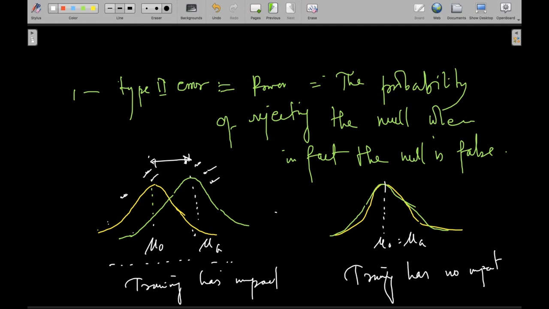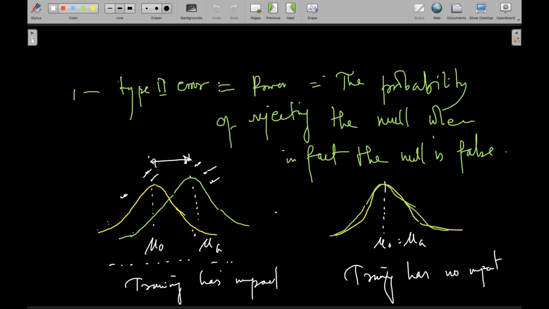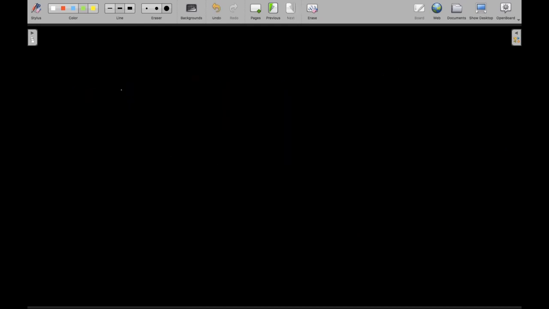So what we will do here is, say from the previous one, I will take certain samples from each distribution, okay? Say people who have gone through training, I take these samples, and people who have not gone through training, I take the yellow distribution, and people who have gone through training, let's say this is my green distribution. So I take these observations here, okay? And I know that I have to calculate the p-value.